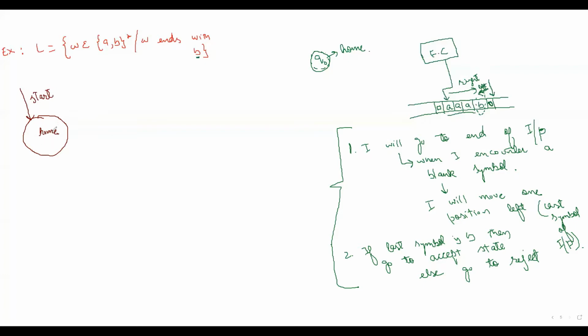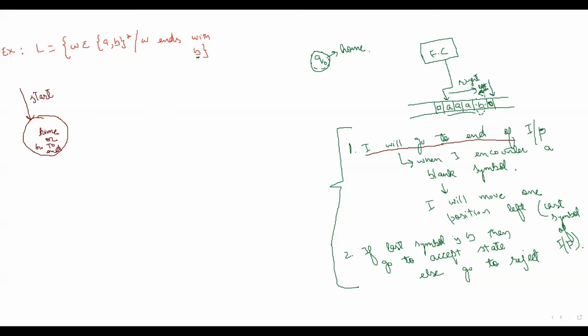So from this home, we will go to the end of the string, the end of input, because the first case is that I will go to the end of input. So how will I go to the end of input? We can name it home or go to end. Basically you can name it Q0 or anything.